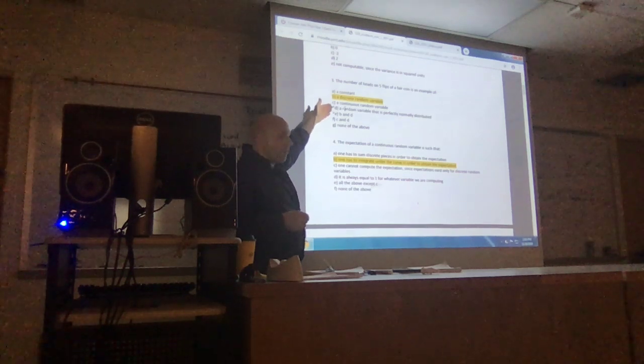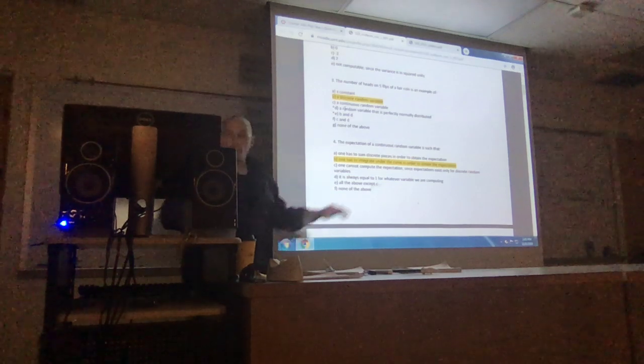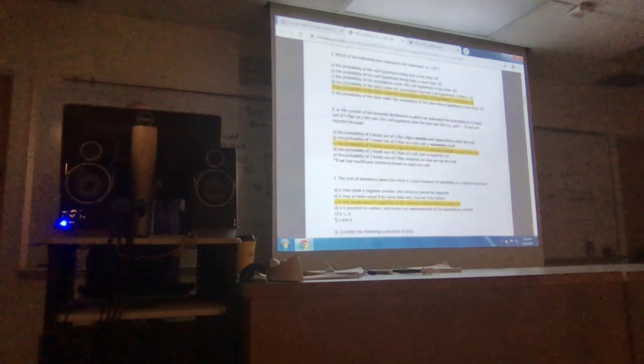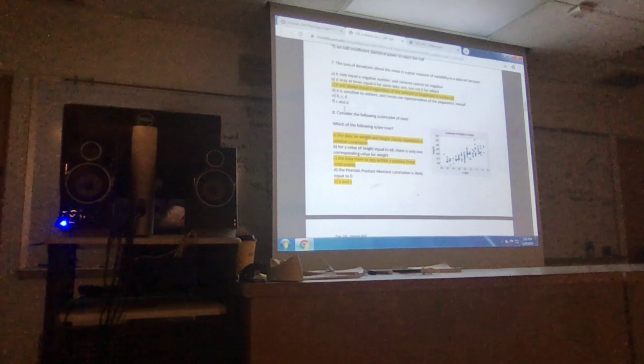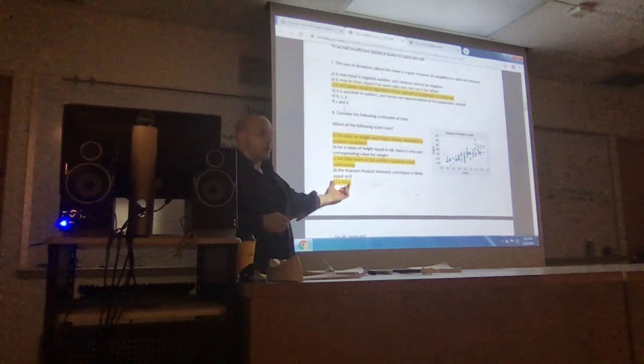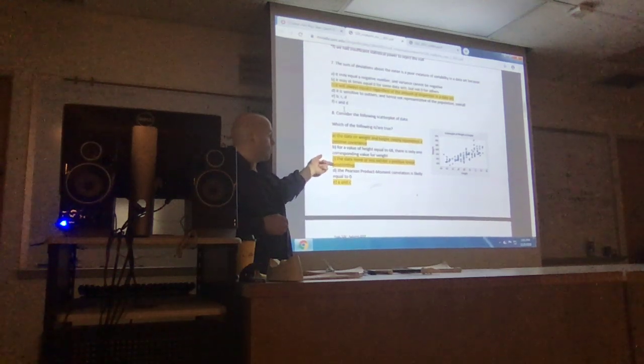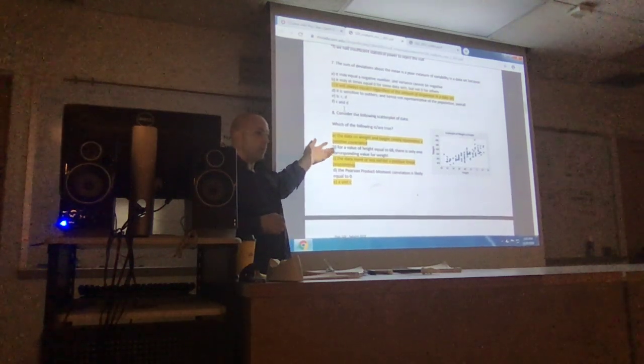Okay, but there's your best answer. The other issue too is, remember how these are graded in terms of part points. You look at something like this and you go, A and C is the correct one, but if you did this one, you get 0.5, and if you did this one, you get 0.5. So keep that in mind.